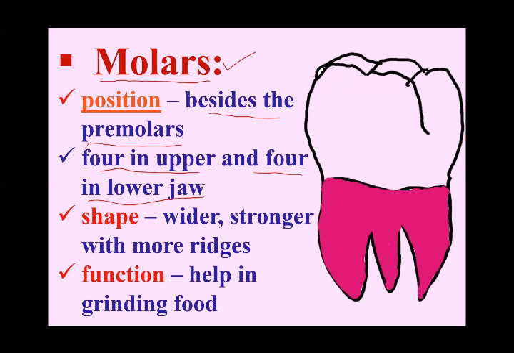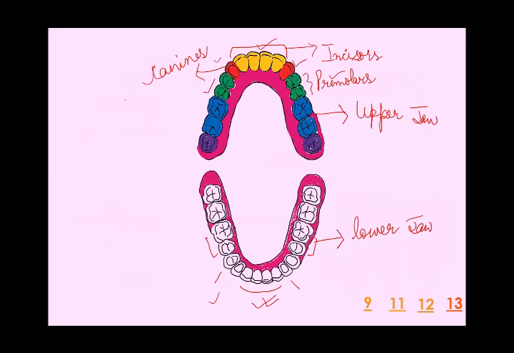So we can see the position of these molars in this diagram. As you see, I have colored these molars in blue color. Molars. Now you see that they are 2 this side and 2 this side.